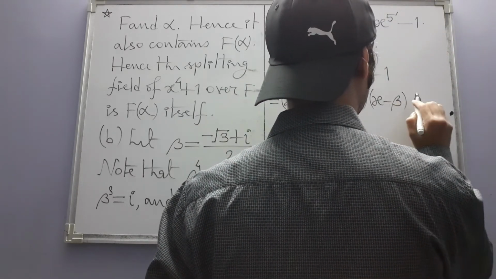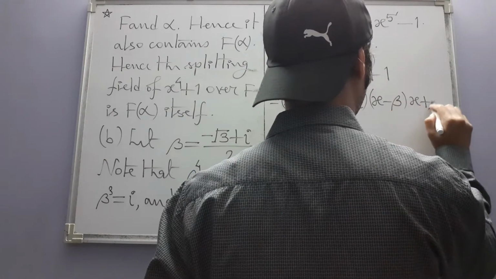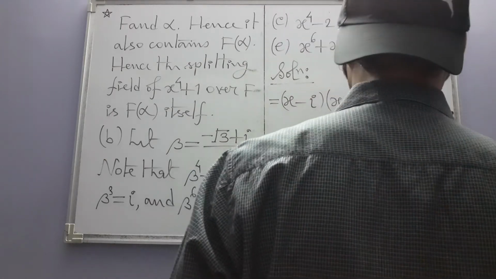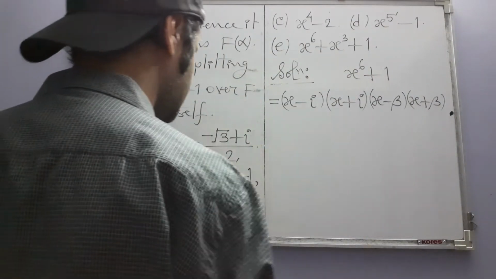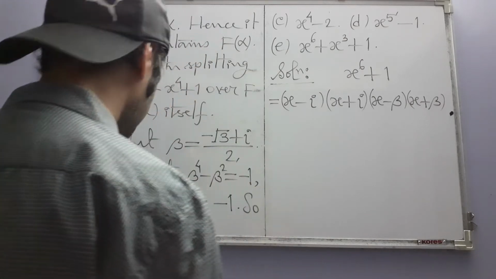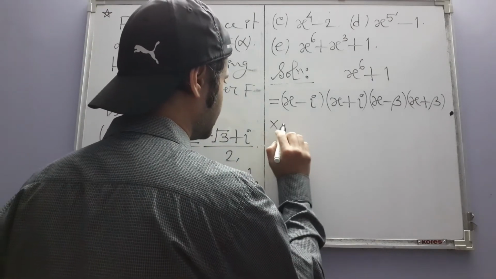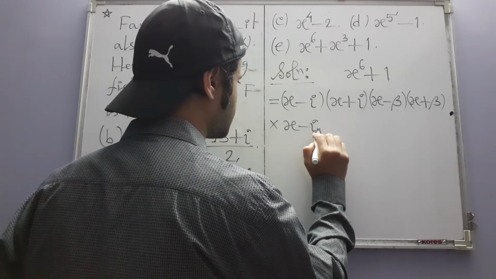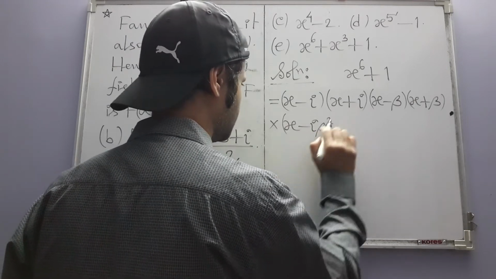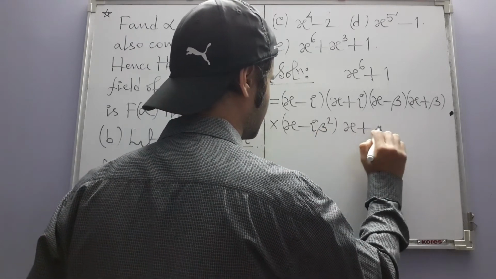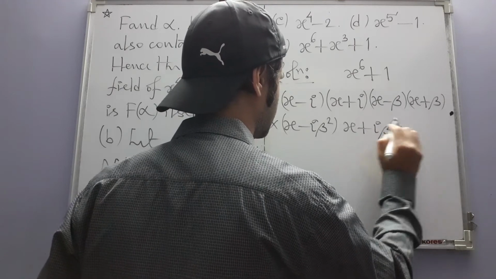X minus beta, each one of them is linear and the given polynomial has degree 6, so 6 factors are needed by the degree formula, times x minus I beta square times x plus I beta square.